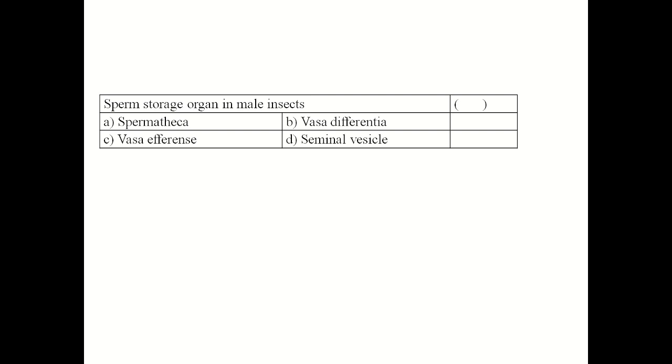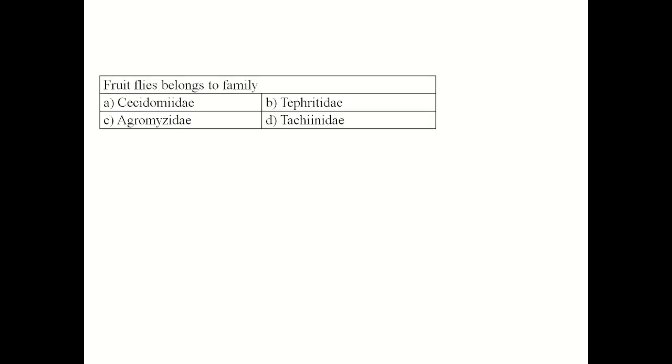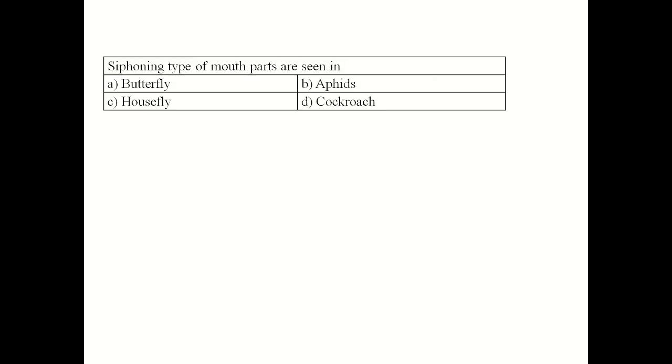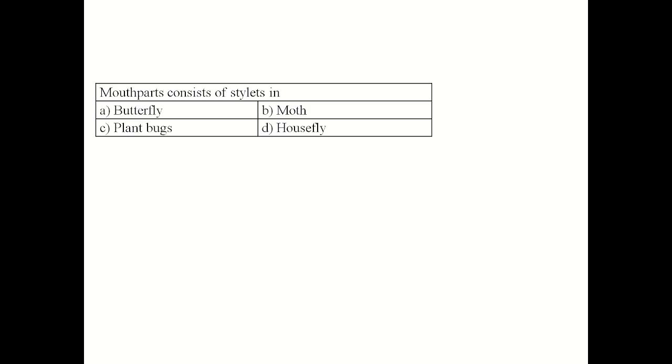Sperm storage organ in female insects: spermatheca. Fruit flies belong to the family Tephritidae. Siphoning type of mouthparts are seen in butterflies. Mouthparts consisting of stylets in plant bugs.